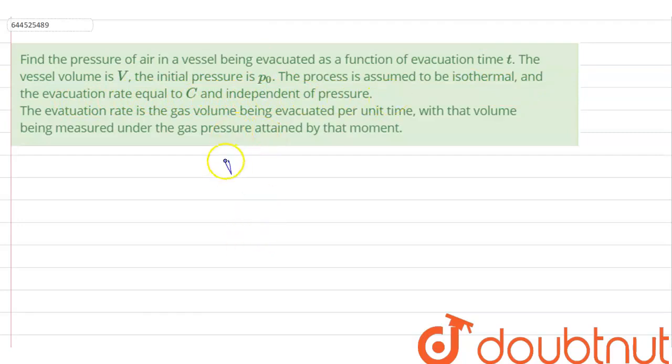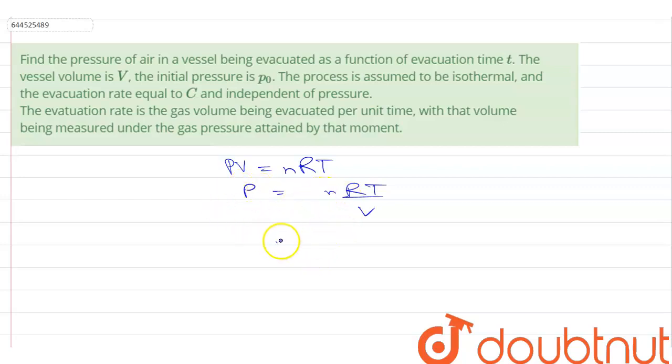Let's start by writing the ideal gas equation: PV is equal to nRT. Now, let me bring all the constants, that is the number of moles, the temperature, volume, and R to one side and pressure to the other.